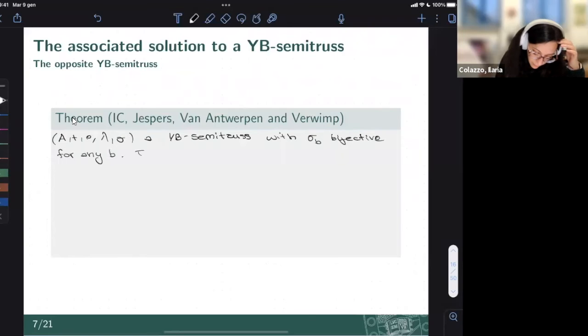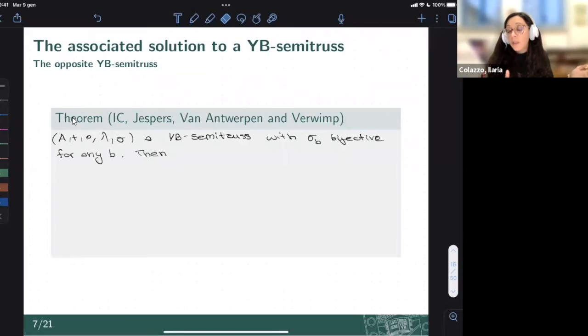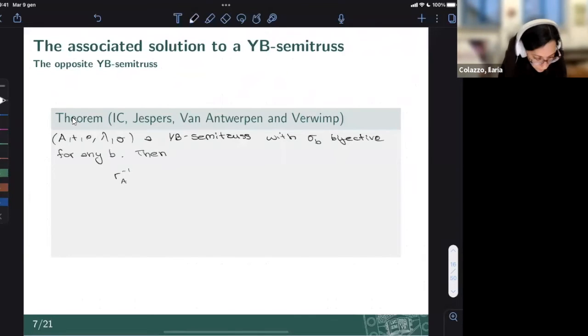then we just saw that R_A is bijective and its inverse, R inverse of A, is given by this relation.